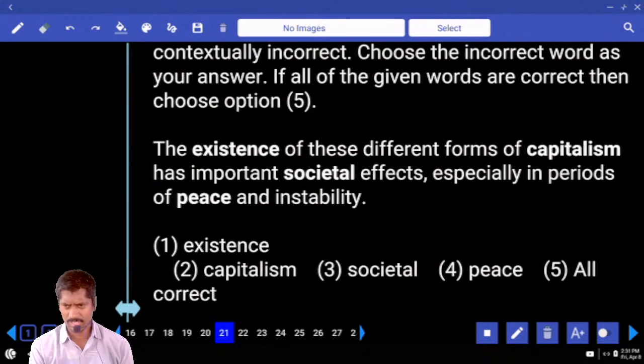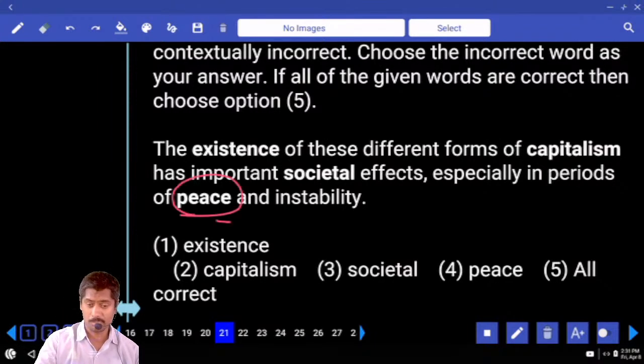The existence of these different forms of capitalism has important societal effects, especially in the periods of peace and instability. Look at this, peace positive, instability negative. So the odd man out is peace.